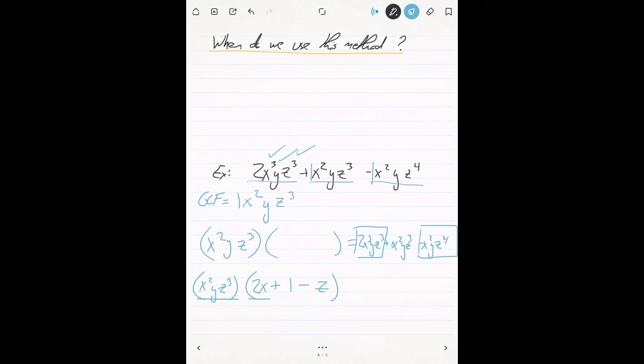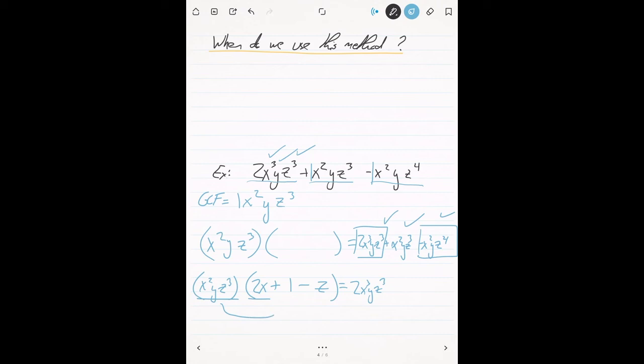Hopefully you're noticing that this is really just the process of distribution in reverse, essentially. We're just asking ourselves, what did we have to multiply by to get these three quantities? So let's check our work. Let's make sure we got it down. X squared yz cubed times 2x. Well, that's just going to be 2x cubed yz cubed.